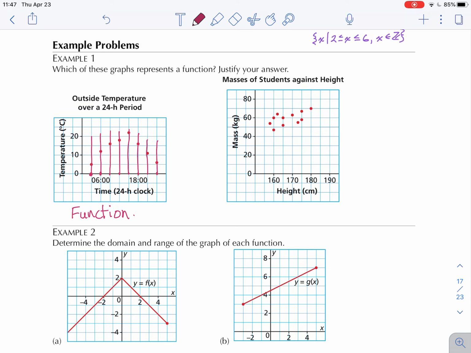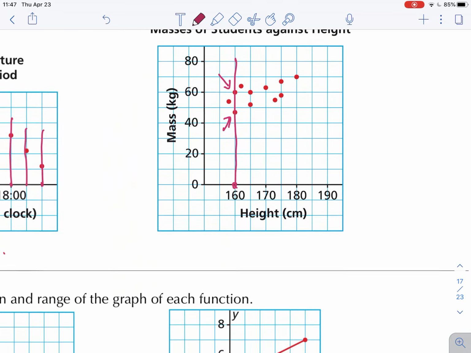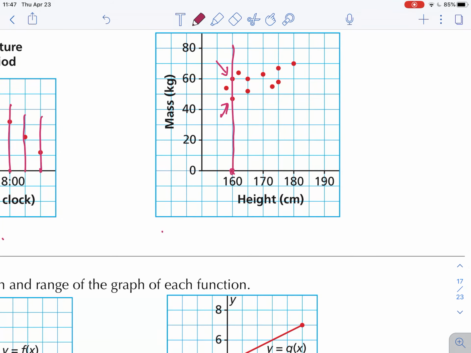And in this one, we're going to do the masses of the students against the heights. So all we have to do is find one domain value that has two range values, and then it's not a function. So if we look here at 160 centimeters, we get two values. One value, two values.